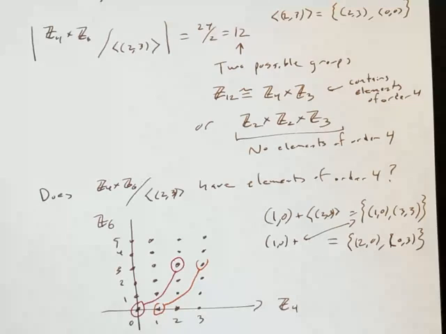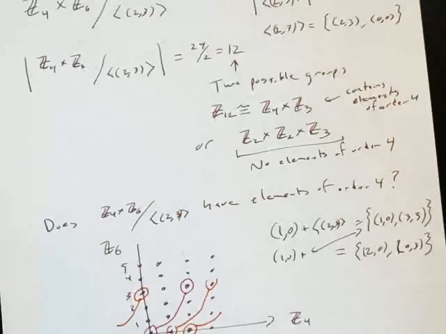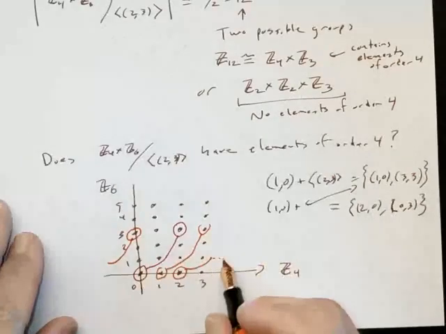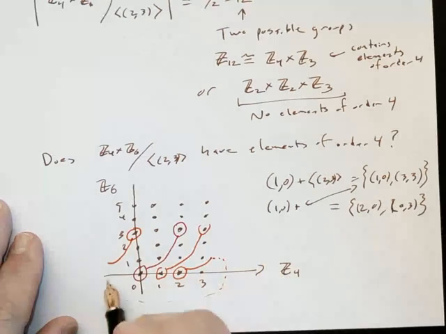Here's the I-went-off-the-edge moment. This point and this point should be together. So I start coming up and then I end up there. So somehow I kind of wrap around.